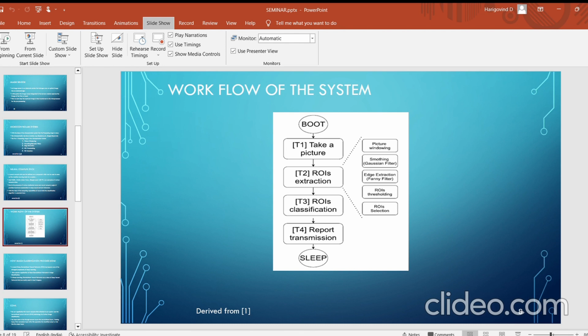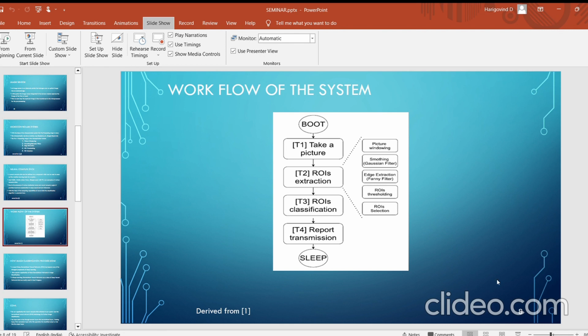After this classification, the final analyzed data is given to the user as a report. After giving this report, the system will turn off automatically and wait for the next user action.